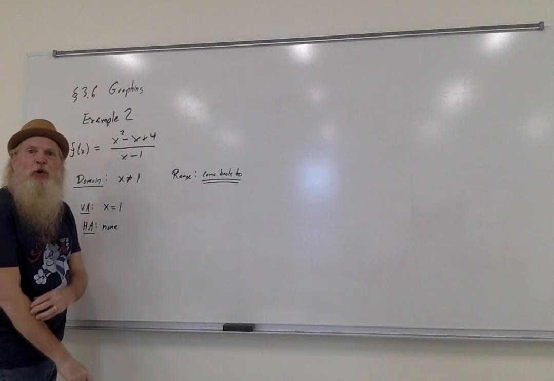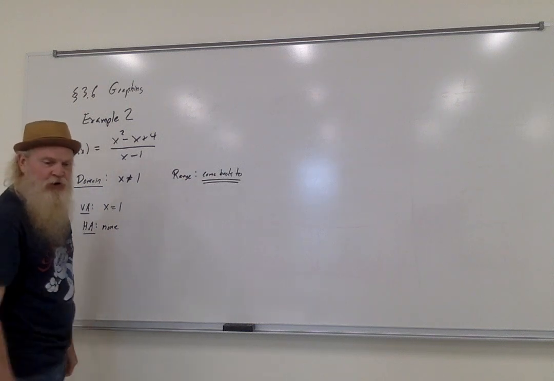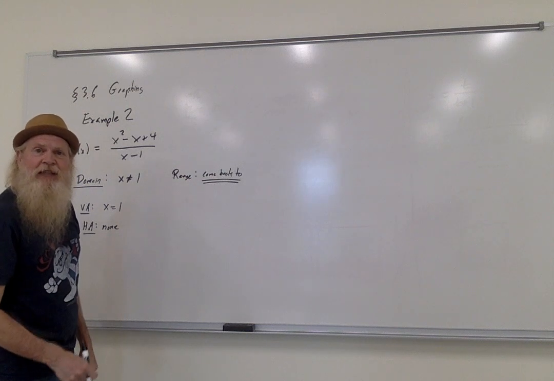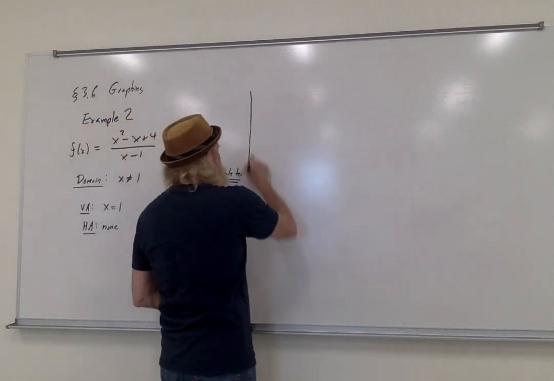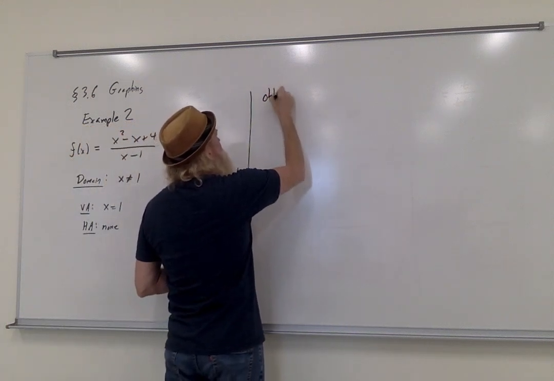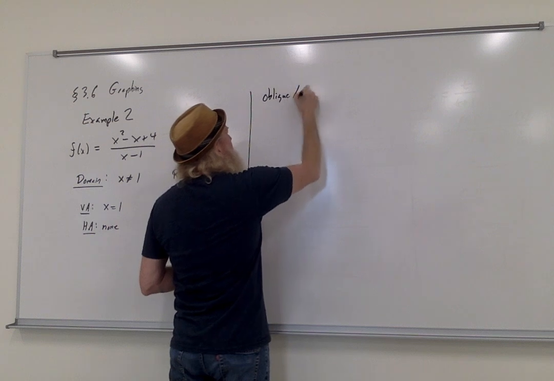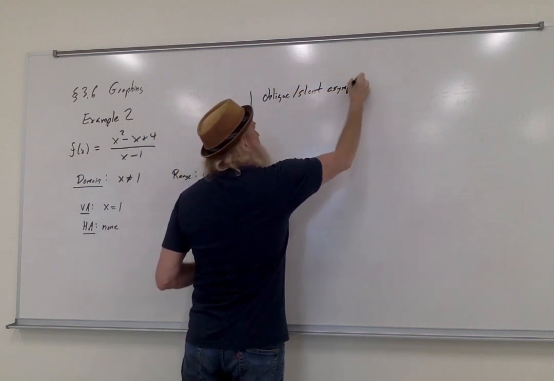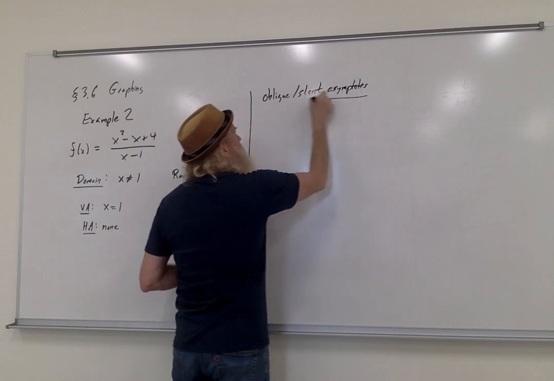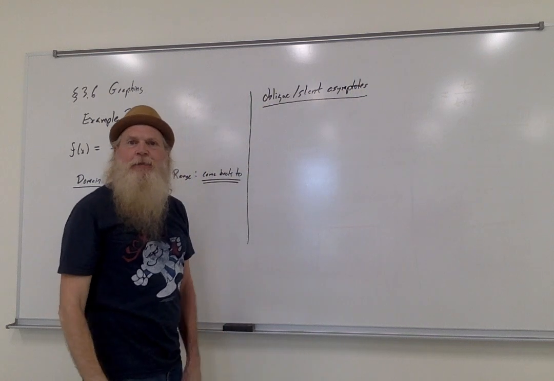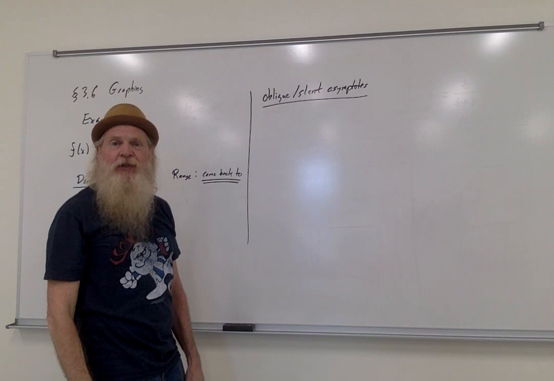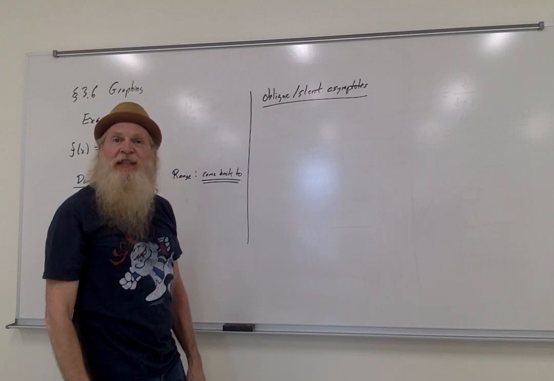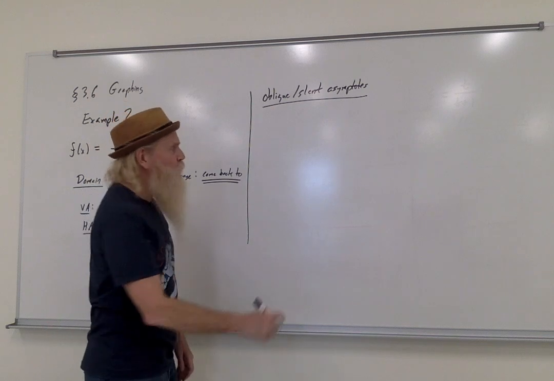This function is, however, going to have slant asymptotes, which are also known as oblique asymptotes. So let's take a minute to talk about those. Oblique asymptotes, also known as slant asymptotes, occur when the degree of the numerator is exactly 1 more than the degree of the denominator.